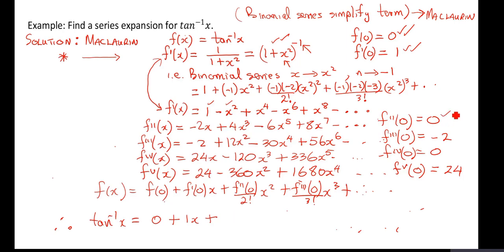Second derivative, here's my second derivative after I use the binomial series to simplify it. So that will be 0. Then minus 2 over 3 factorial x cubed, then a 0, then 24 over 5 factorial x to the power 5.